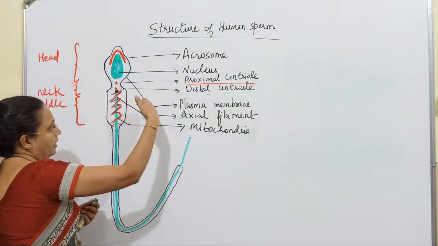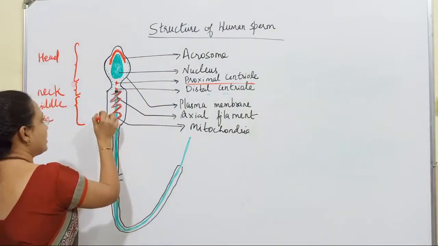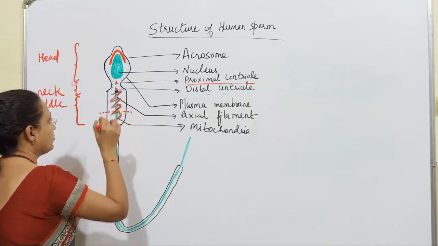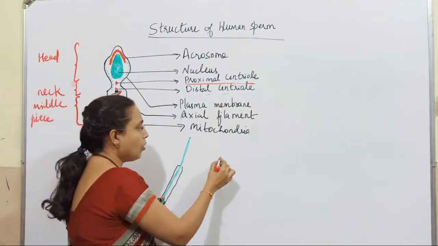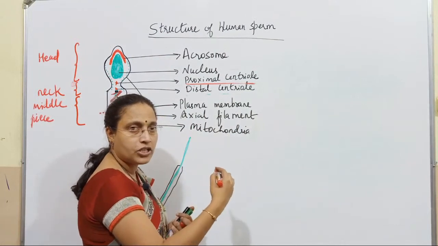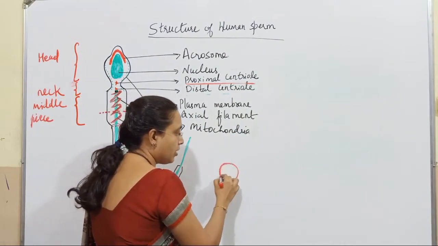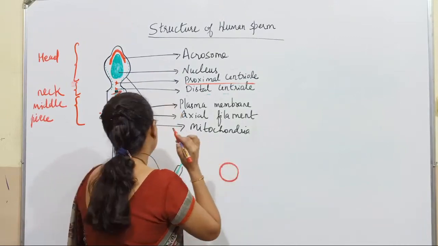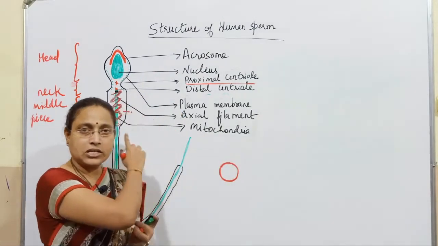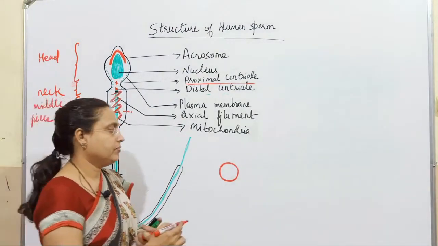Now if there is a cross section of the middle piece, what will it look like? It will be circular. If it is circular, it means that the middle piece is cylindrical.